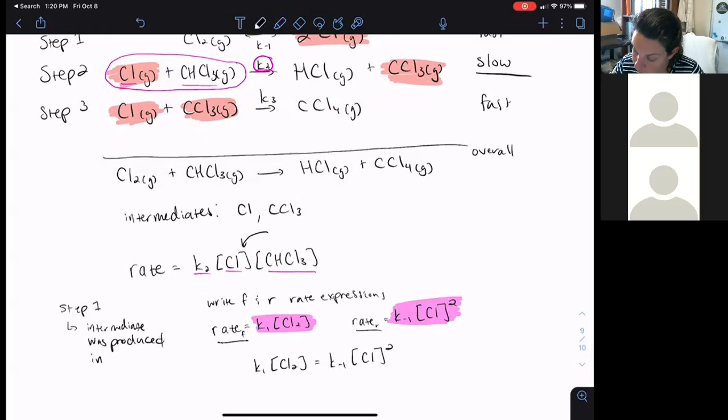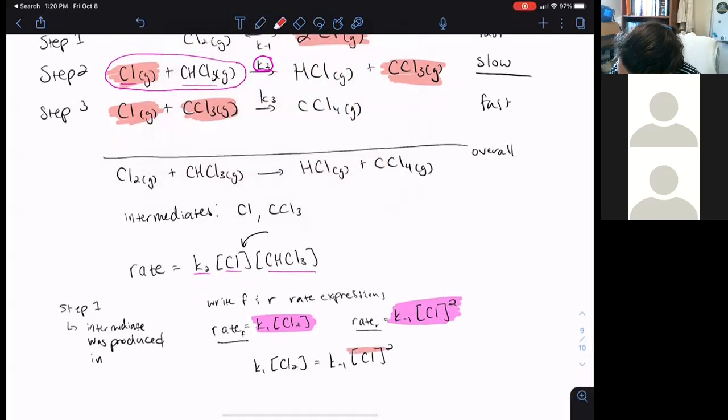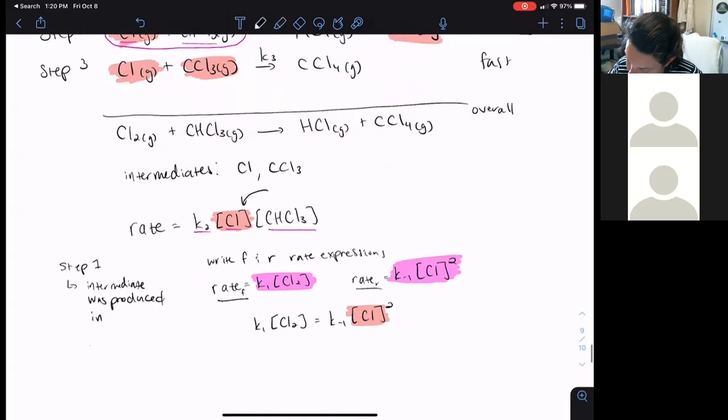And then we're going to solve for this so that we can replace this part of our reaction. So I'm going to divide both sides by K minus 1.